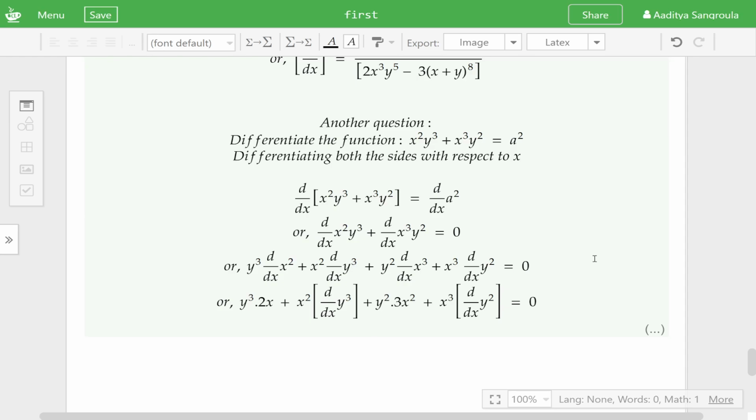And then we already have two of the terms differentiated, so these terms, and the constant can be sent to the front.